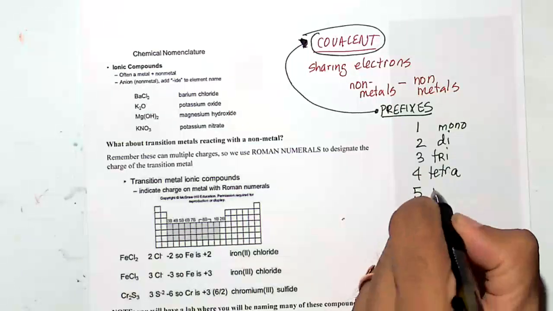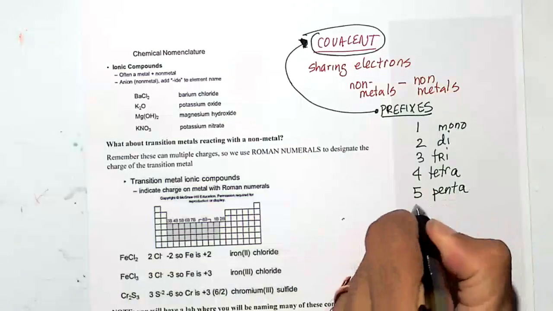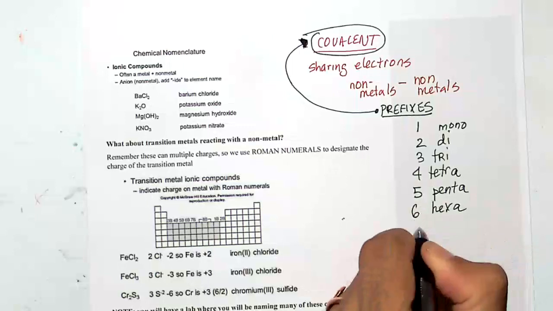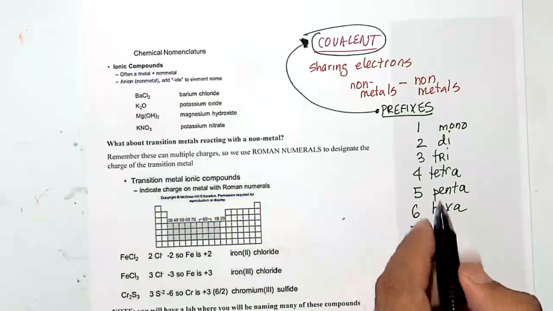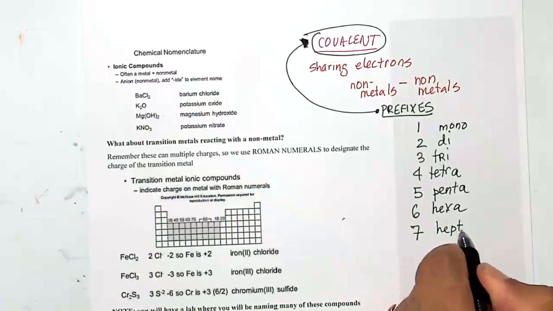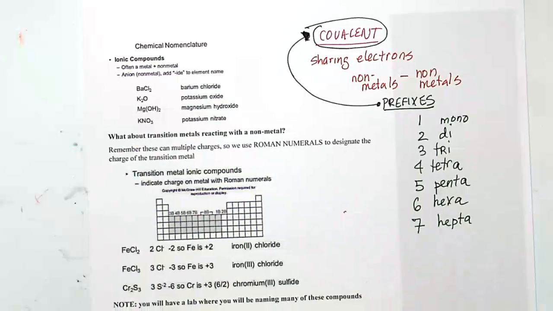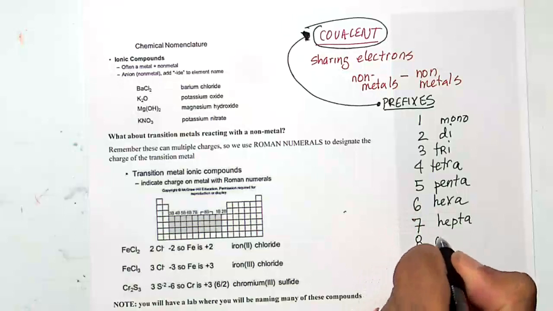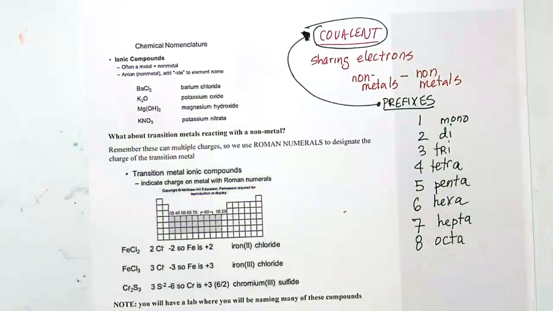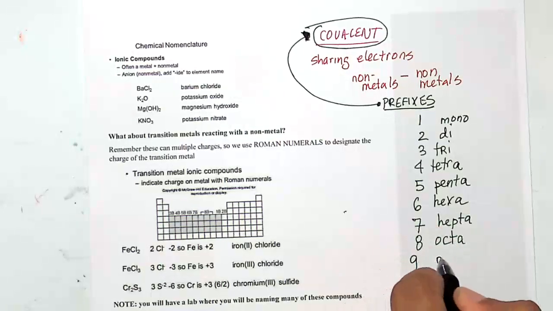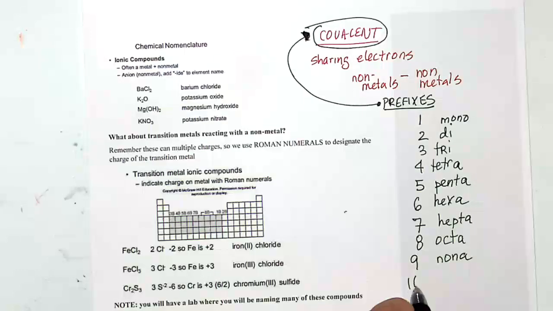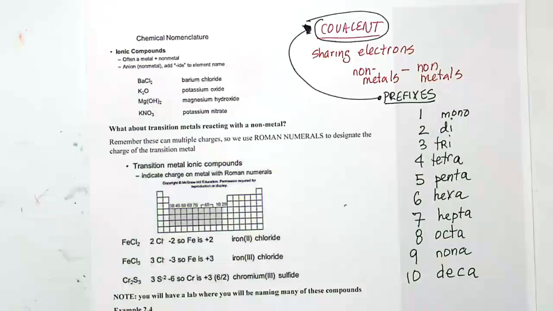Five? Penta. Six? Seven? I've heard septa, but I think hepta. We'll go with hepta. Eight? The octagon. Octa. Nine? And I think we'll go up to 10, deca.